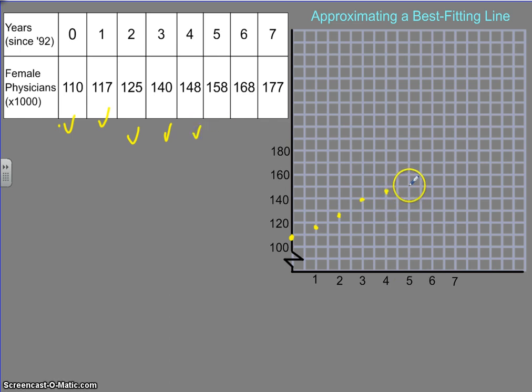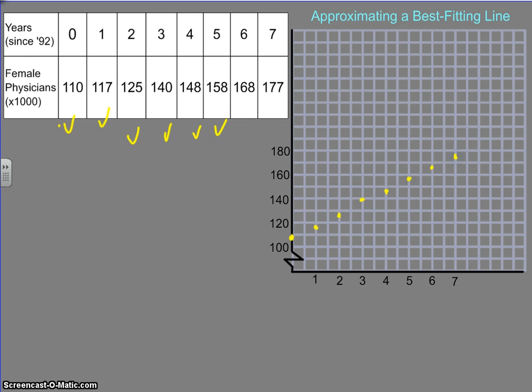Well, here's 150, so 158 is about right here. 6 and 168. Okay, that's about right here. And then 7 and 177. It's going to be somewhere about right here, or a little bit more.